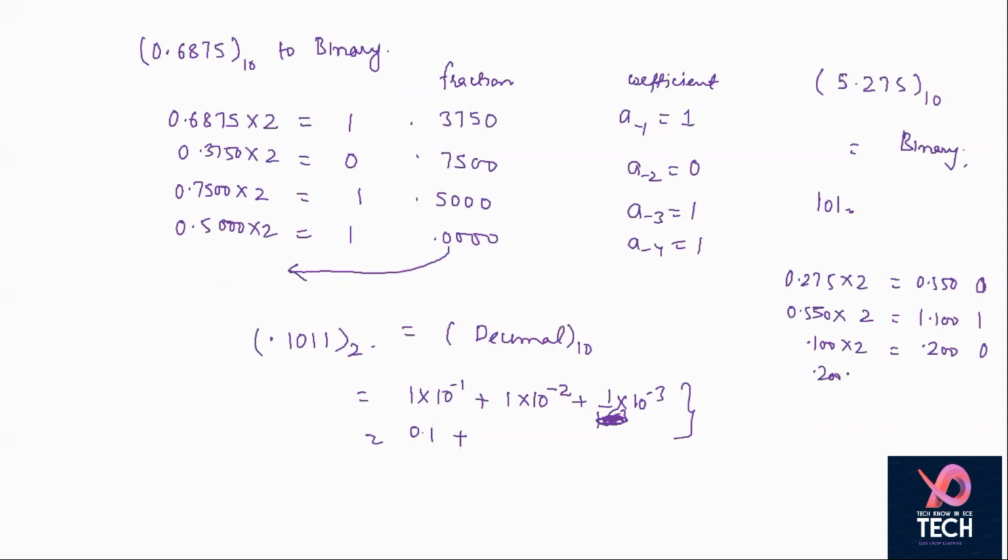Then 0.200 into 2 is 0.400, then 0.400 into 2 becomes 0.800, then 0.800 into 2 is 1.600, then 0.600 into 2 is equal to 1.200, coefficient 1, then 0.200 into 2, and so on.